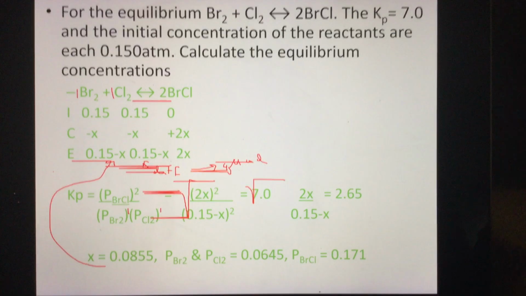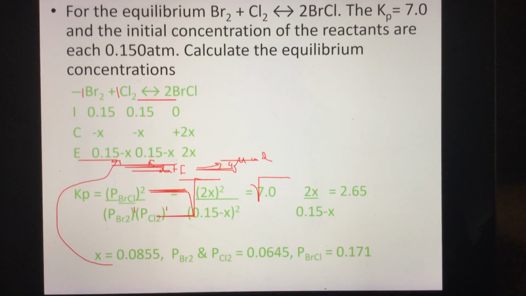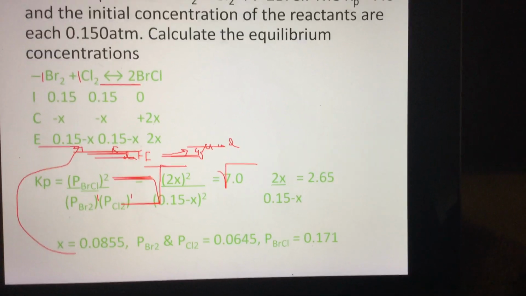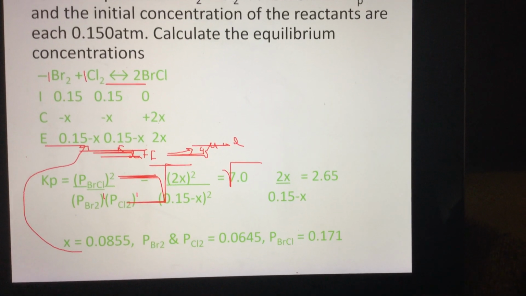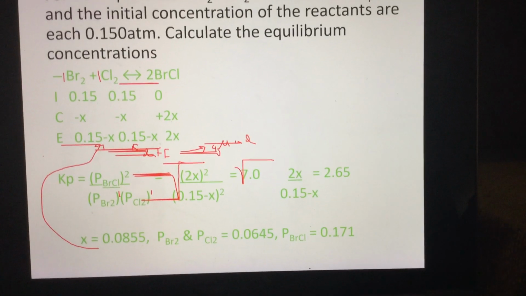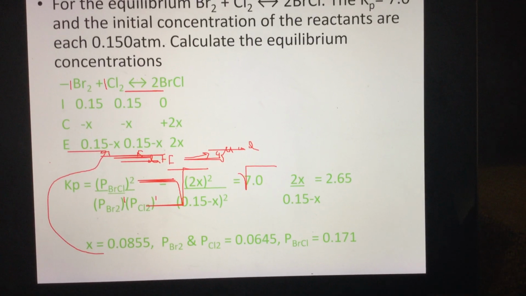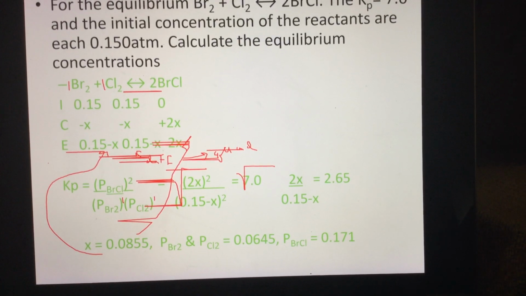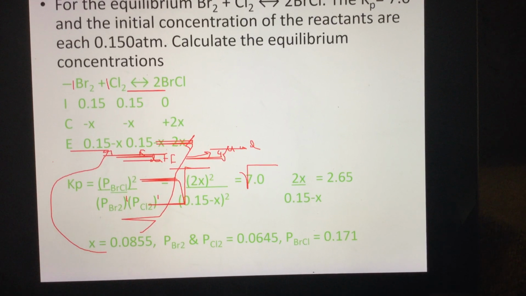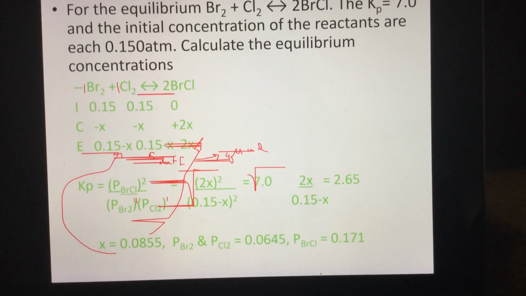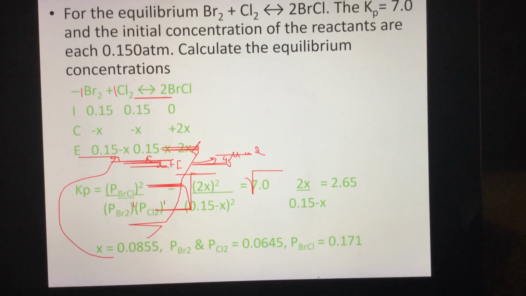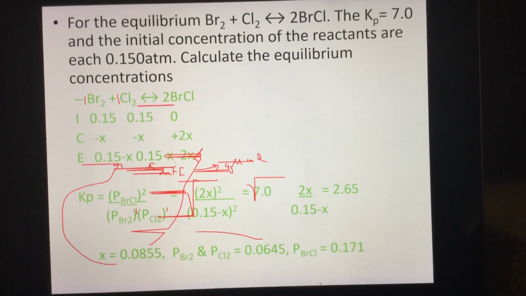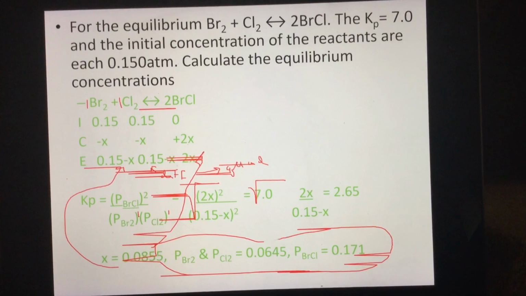Okay, so subtracting out x, the 0.0855, that gives us equilibrium pressures for the bromine and chlorine of 0.0645, and then plugging in the 0.0855 up here for the BrCl and multiplying it by 2, that gives us an equilibrium pressure of 0.171. So those are our equilibrium pressures.